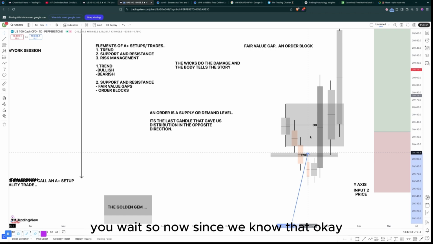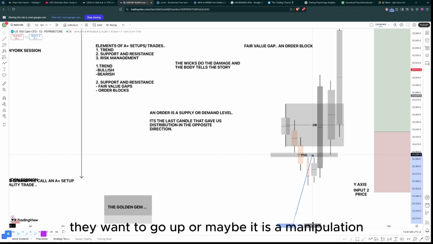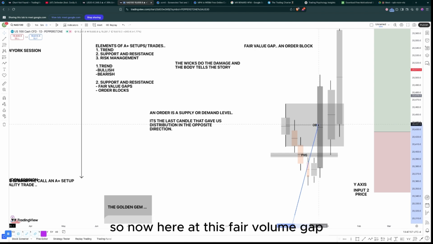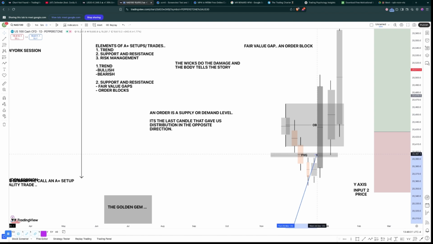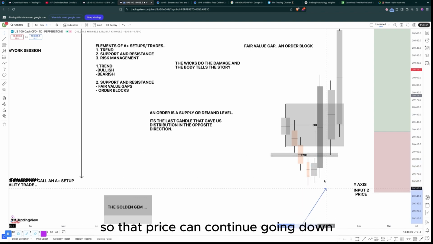Now we know that the market does not want to go down, it wants to go up, or maybe a manipulation has been made. Here at this fair value gap, we were supposed to look for resistance so that price can continue going down.